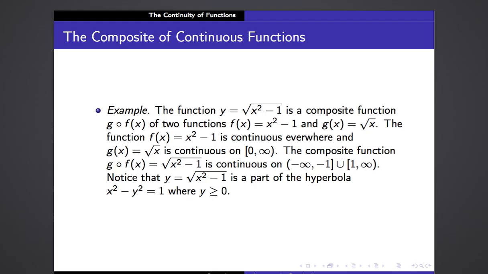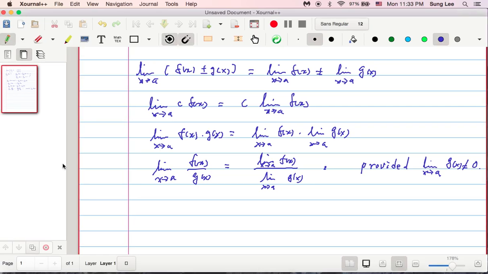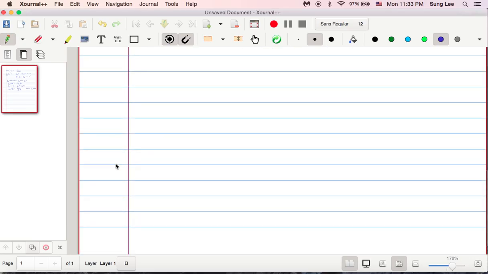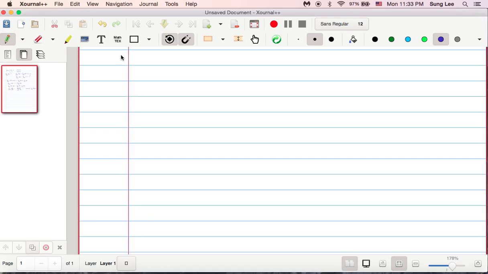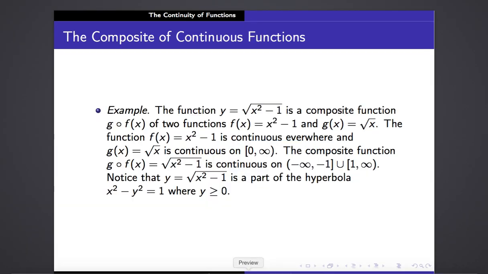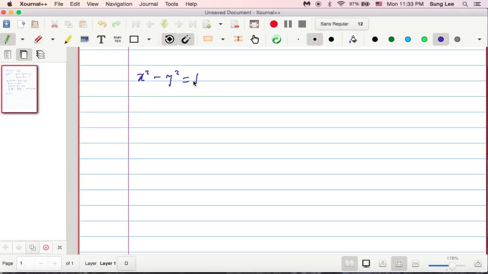So its graph is a part of the hyperbola. Here's negative 1 and 1, so the graph goes like this.